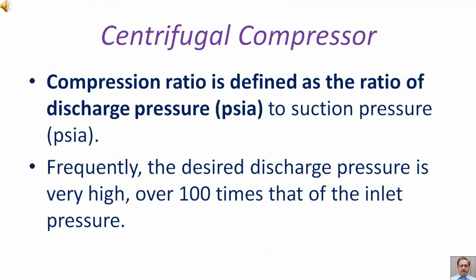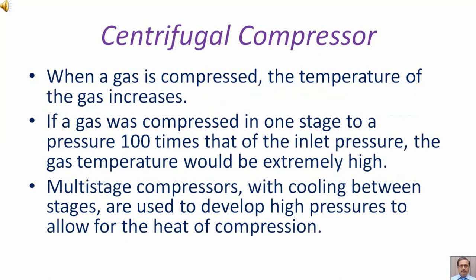Compression ratio is defined as the ratio of discharge pressure to suction pressure. Frequently, the desired discharge pressure is very high, over 100 times that of the inlet pressure. When a gas is compressed, the temperature of the gas increases.